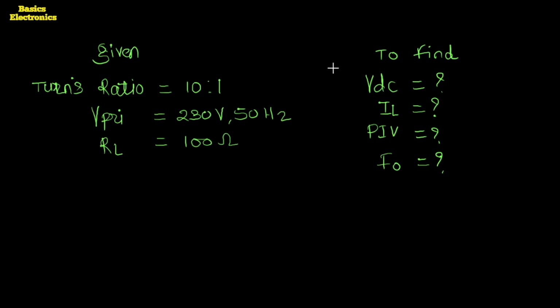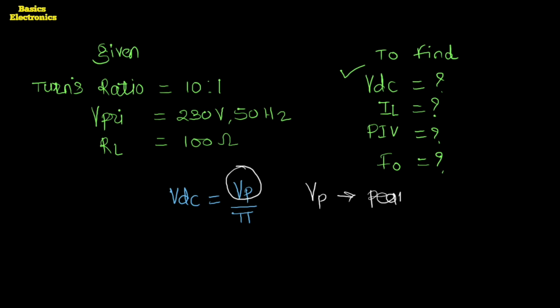Here the first formula for VDC is given as VDC equals Vp upon pi. What is this Vp? This Vp is the peak voltage of the secondary of the transformer.